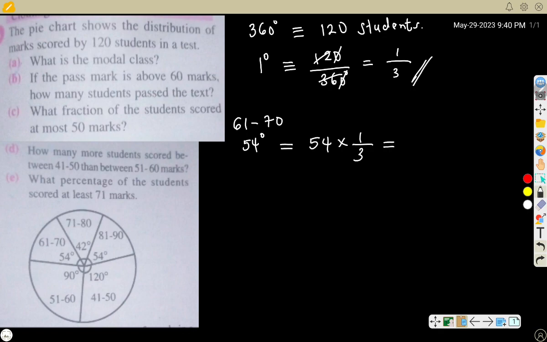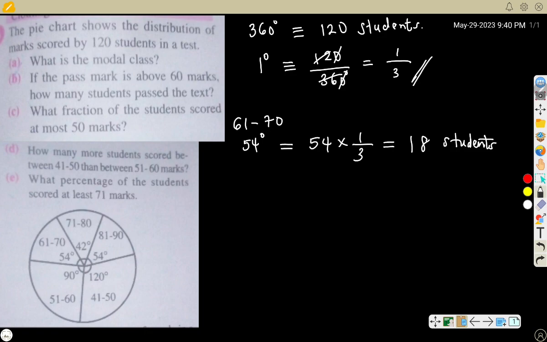So that is 18. That means for 61 to 70, you have 18 students that scored 61 to 70 marks.